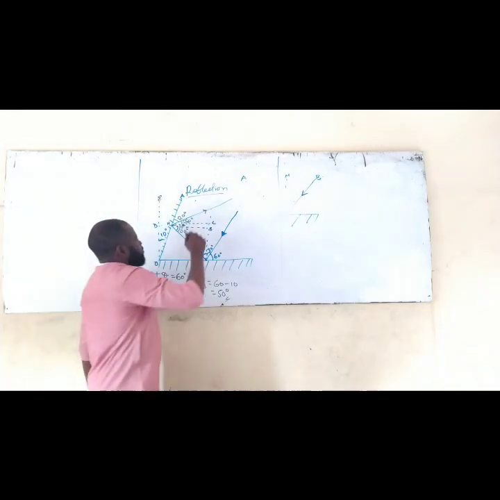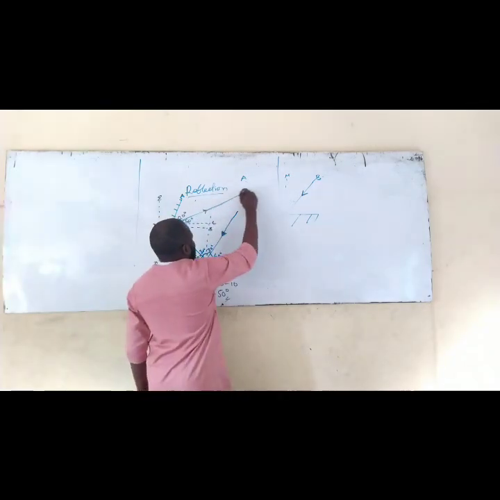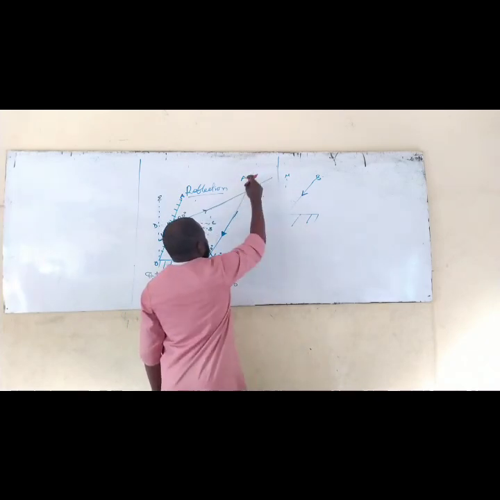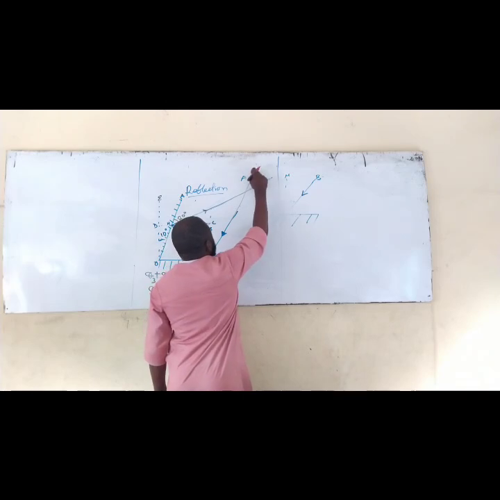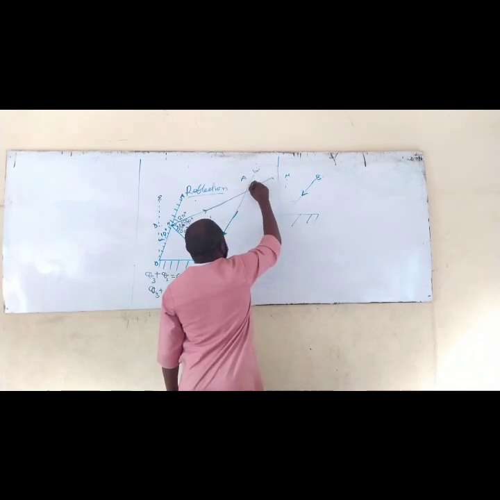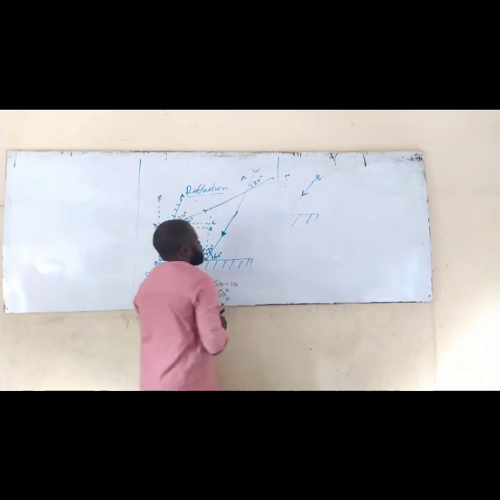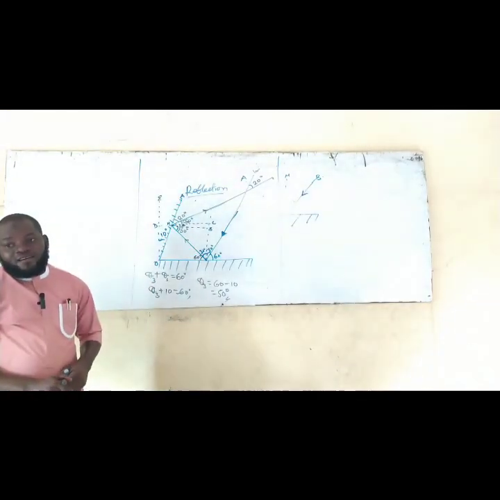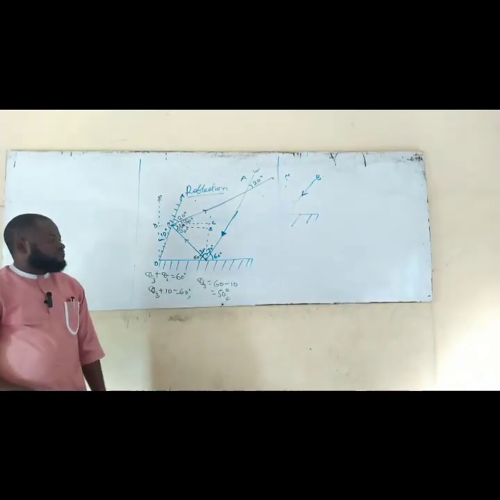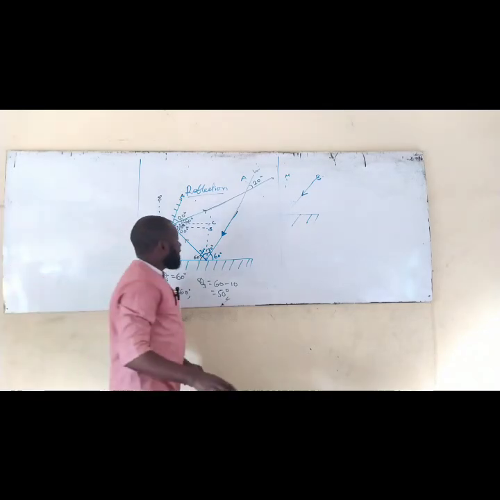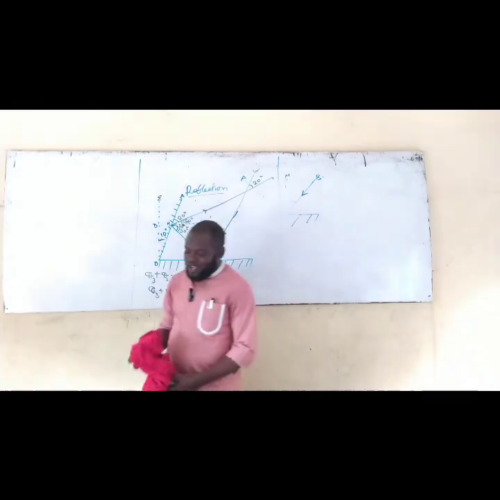Okay, so if I extend this line like this and I extend this line like this, are you seeing it now? This is the inbound ray, and this is the exit ray, right? So the angle between them is going to be 20 degrees. Do you get that right now? So that is how to find that, and I think this is more tedious compared to what we have earlier.